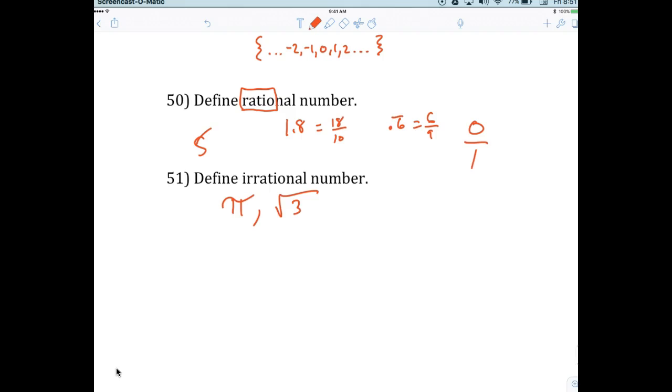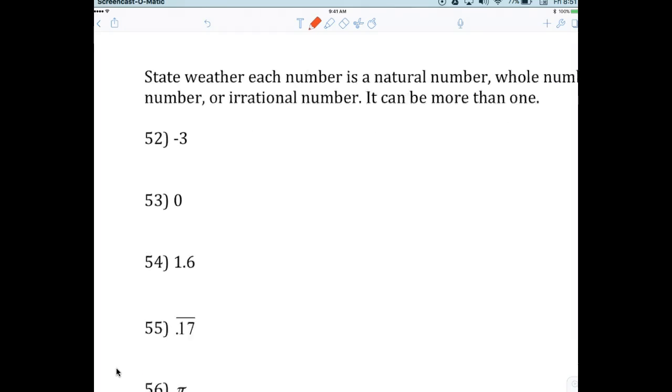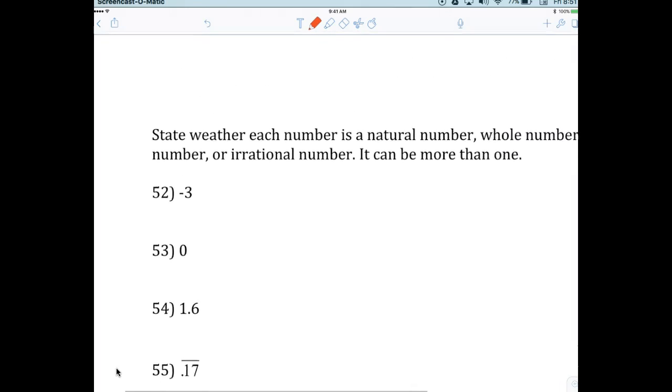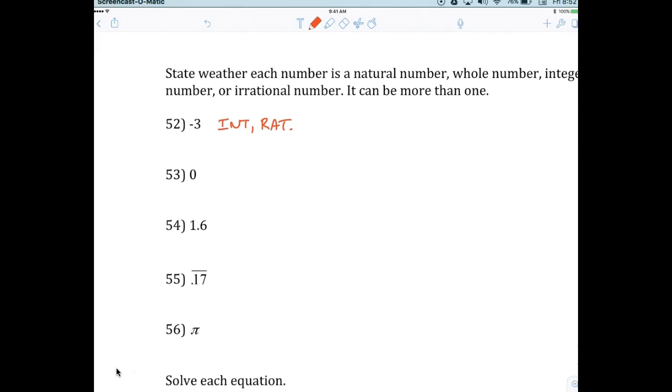Moving forward. So, -3. It is definitely an integer. And it's also rational. 0 is a whole number, and it's an integer.